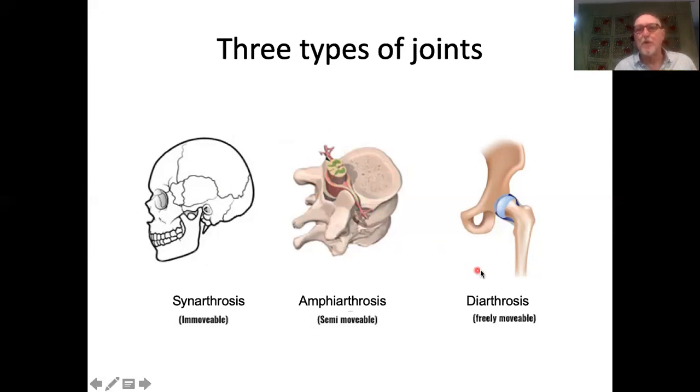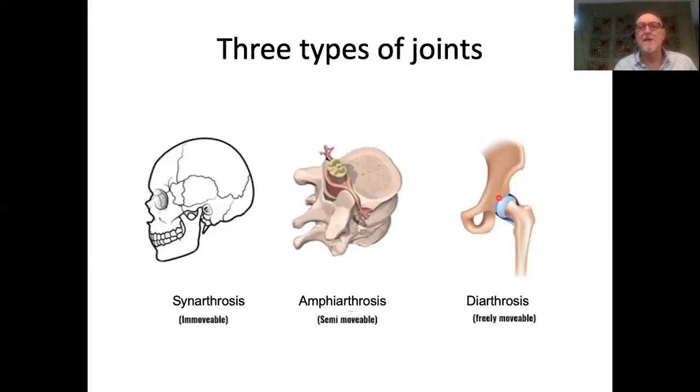The joint that we're going to spend some time talking about is this one here, and it's called the diarthrotic joint or a diarthrosis. And diarthrotic joints are joints which are freely movable, and they allow movement in many directions. And the typical example would be the ball and socket joint of the hip.